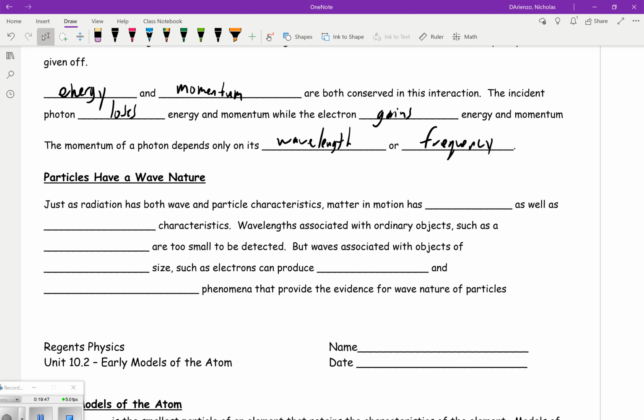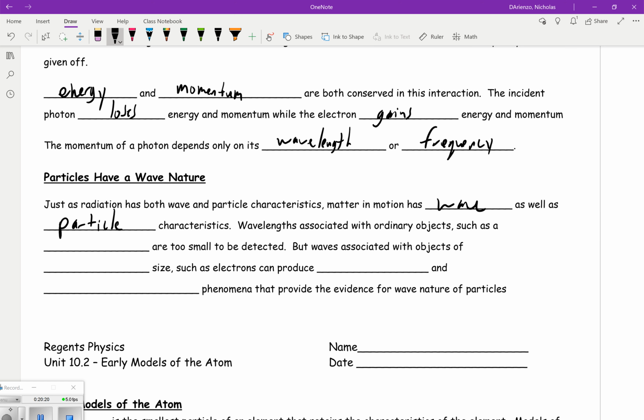So kind of in reverse here, just as radiation has both wave and particle characteristics, if we consider matter in motion, it's also going to have wave characteristics as well as particle characteristics. It's going to depend on the size or magnitude of the matter that we're looking at.